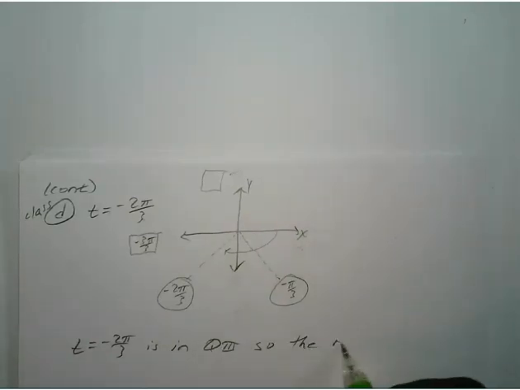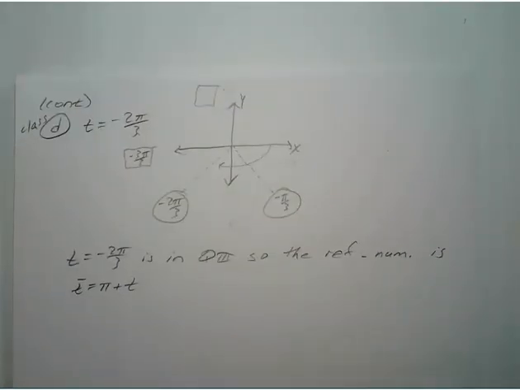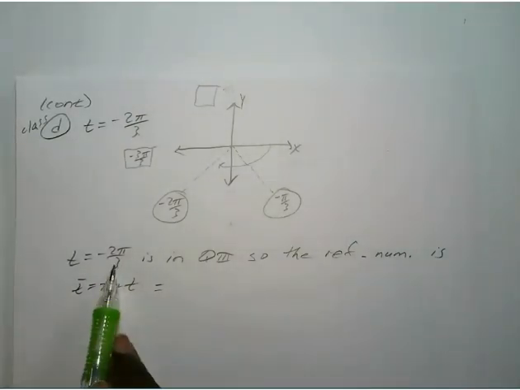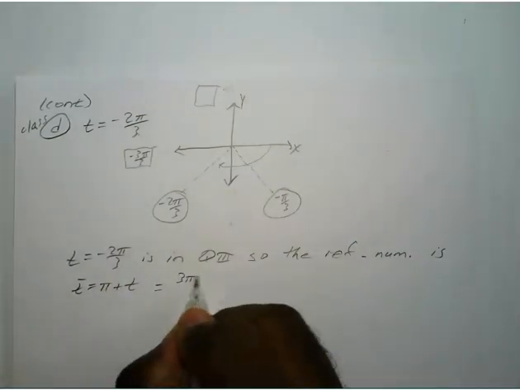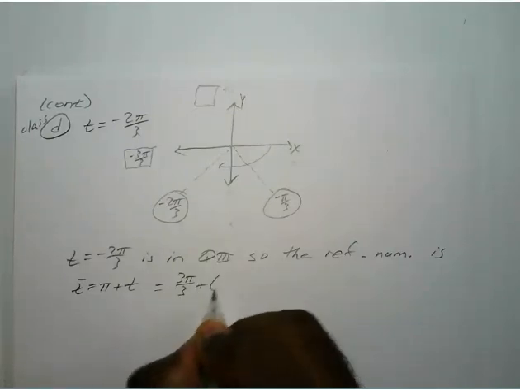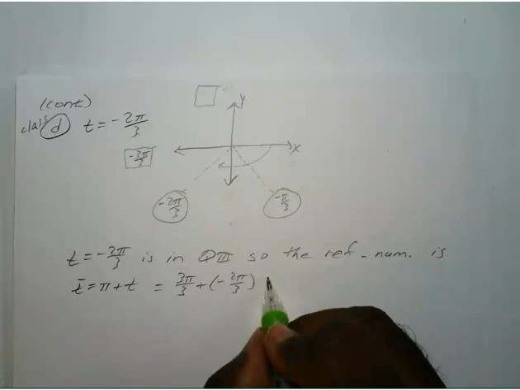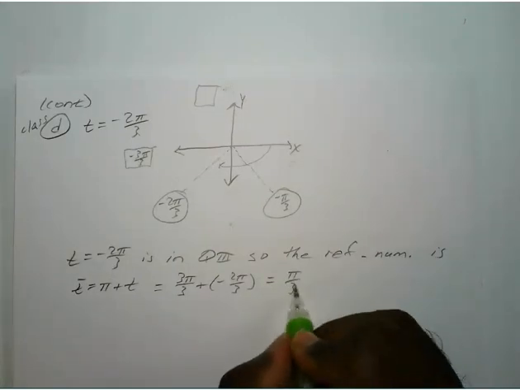So the reference number, your t bar, is equal to pi plus t. That's going to equal, remember, pi, we can make that 3 pi over 3, plus negative 2 pi over 3, which is equal to pi over 3.